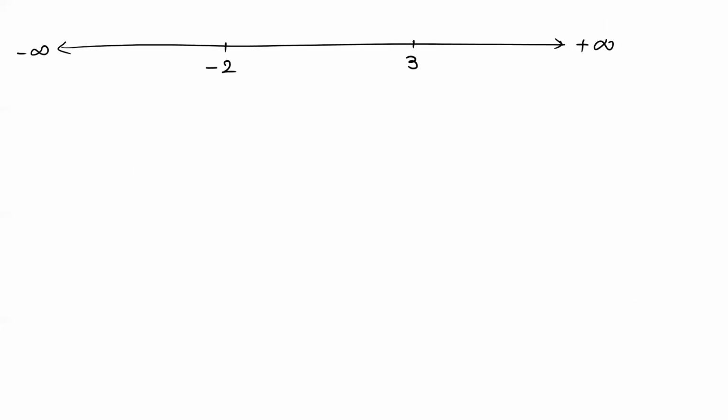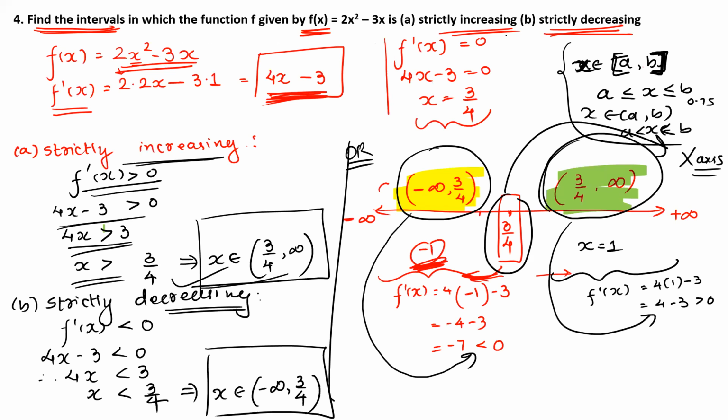We don't want 0 and all, so we didn't show that. It's just -2 and 3, right? That means here you can see that we are having 3 different disjoint intervals. They are not connected. We have open brackets, right?